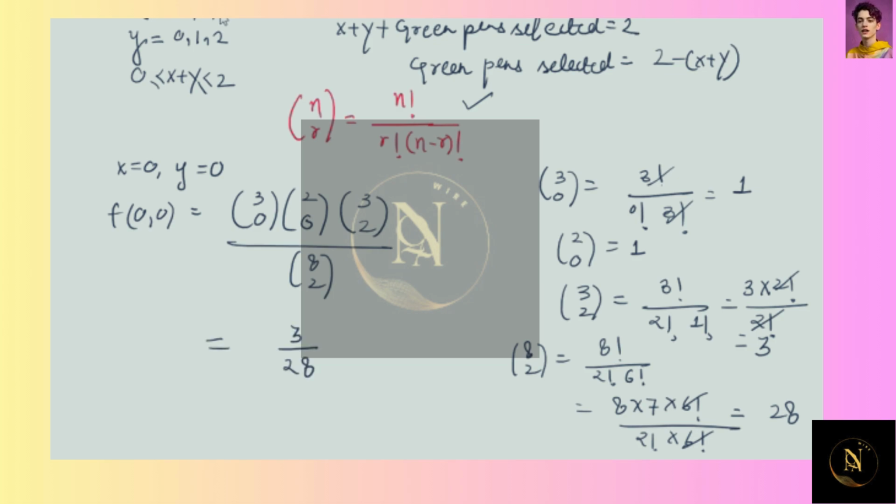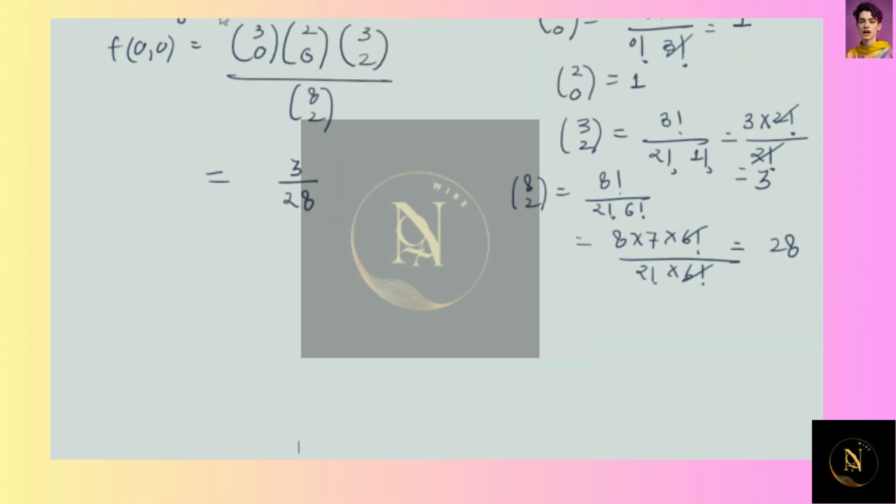Like this we can make a table where x would take the values from 0 to 2 and y would also take the values from 0 to 2. So let us make the table for x and y. This would be our table for the given probability function.